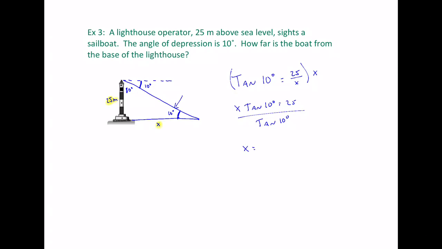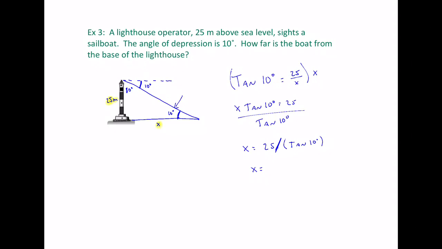So x will be equal to 25 divided by tangent of 10 degrees. Make sure you're in degrees. And then that will equal approximately, and we're looking for a side length, so we're going to round to the nearest hundredth unless it says otherwise.